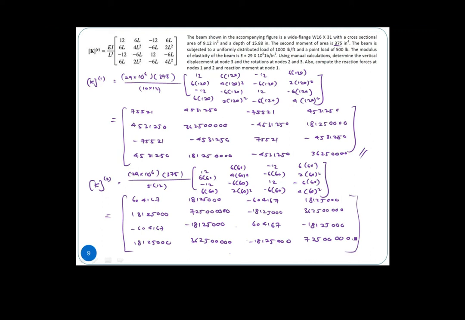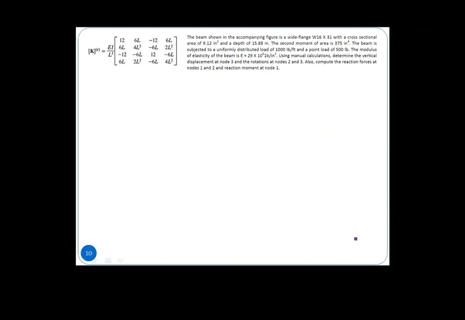And just now we have also determined our load matrix. Let me just finalize it. Okay, F1 here is equal to negative 1,000 pounds per foot, right? And it's over 10 feet, WL, then divided by 2.